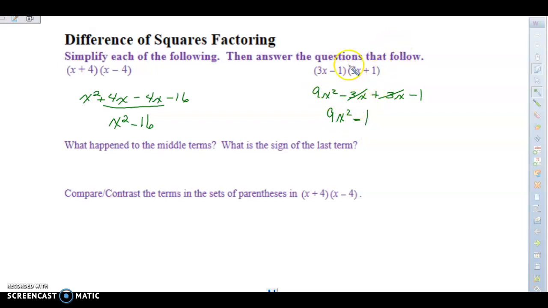So you see how it goes from factoring of two binomials, and you get a binomial answer, and you'll notice that 9 is a perfect square, x squared is a perfect square, and 1 is a perfect square. So when we were doing these, what would you notice about what happened in the middle terms? They canceled each other out.